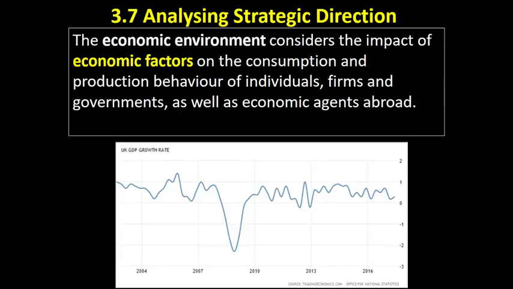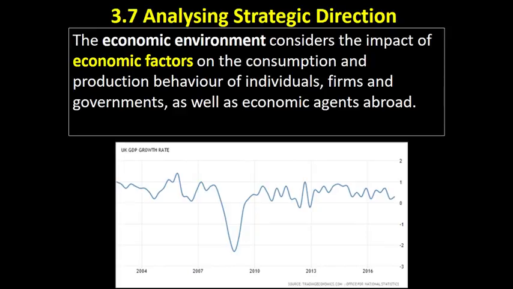If you're able to use examples in your answers at AS and A2, I mean, this is an A2 unit, of what's going on in the economic environment and the impact it has on the opportunities and threats for businesses, the examiner is really going to like that information and it will put you towards the top of the grades if you can use it properly.